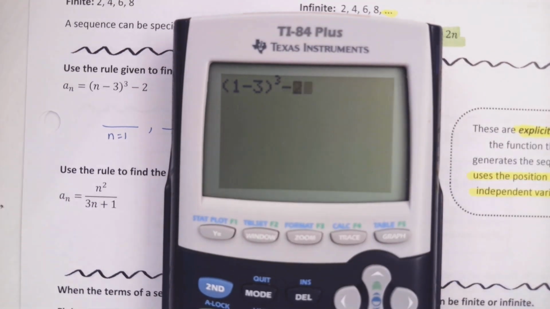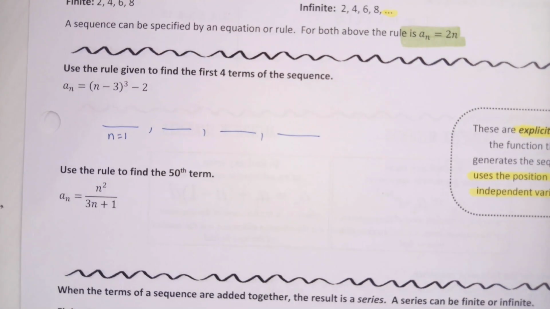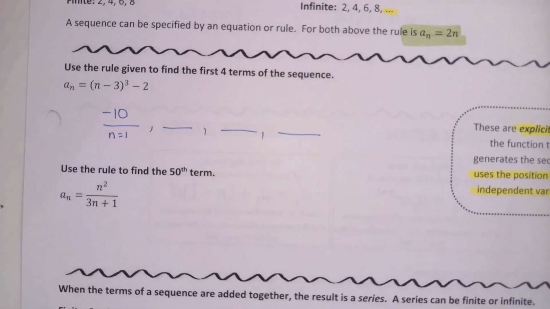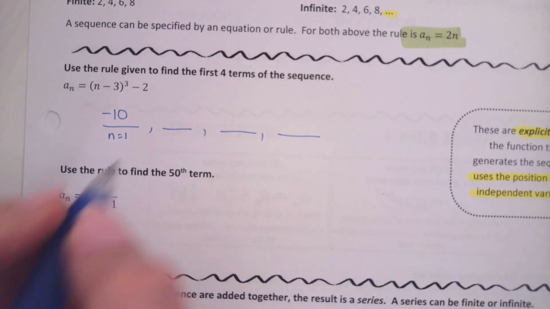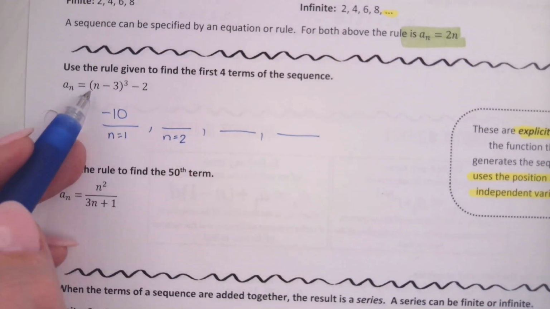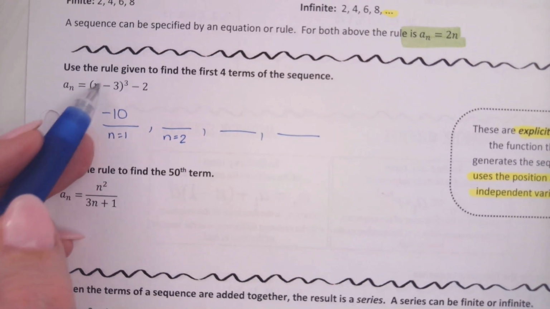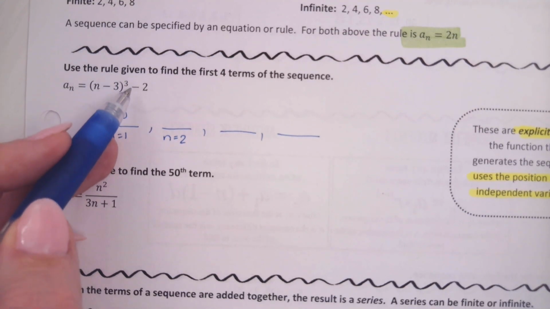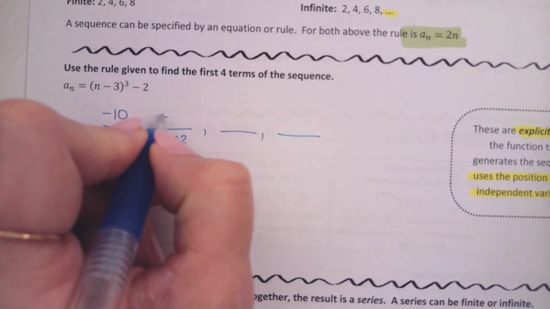Delete. Minus 2 is negative 10. That is the first number of my sequence. To find my second number, what are we going to plug in? 2, very good. n equals 2. 2 minus 3 is negative 1. What's negative 1 to the third power? Negative 1. And what's negative 1 minus 2? Negative 3.